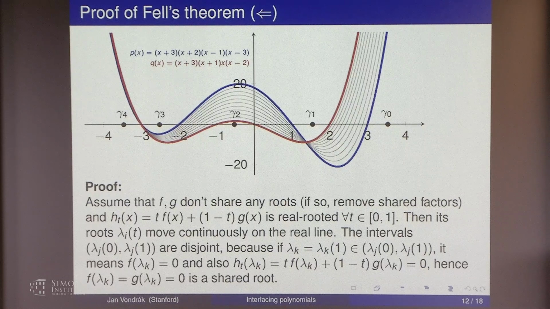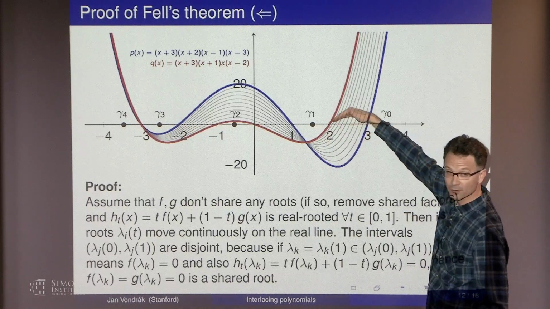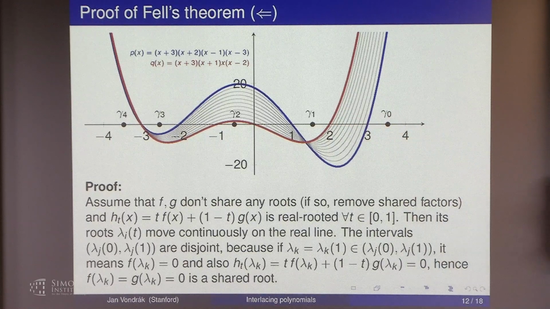So now think about what happens when we move continuously from one polynomial to the other one. We move t from 0 towards 1, and we can track the roots of this intermediate polynomial h_t as they move on the real line.